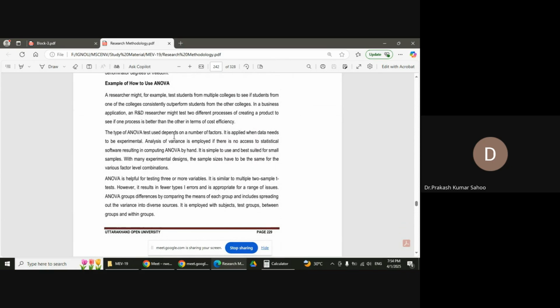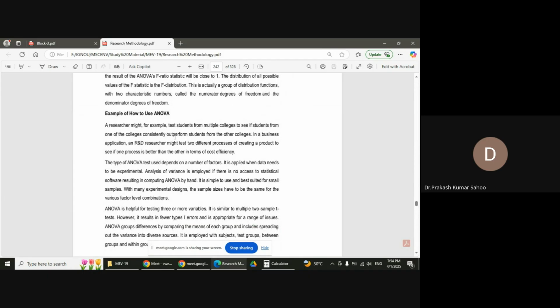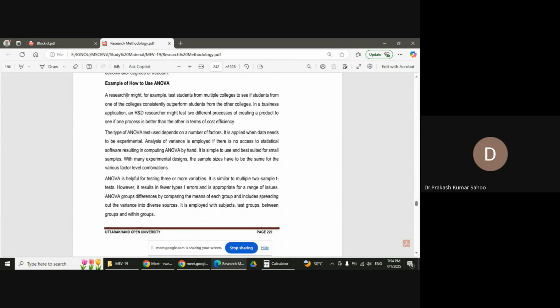Let's go for an example. A researcher might, for example, test students from multiple colleges to see if students from one of the colleges consistently outperform students from the other college. In a business application, an R&D researcher might test two different processes of creating a product to see if one process is better than the other in terms of cost efficiency.